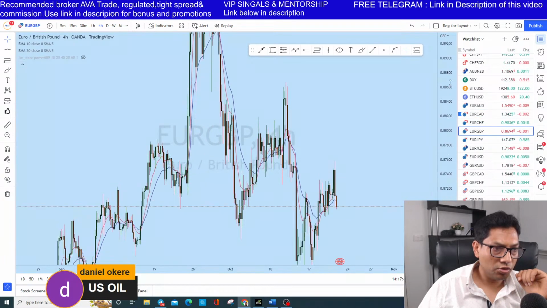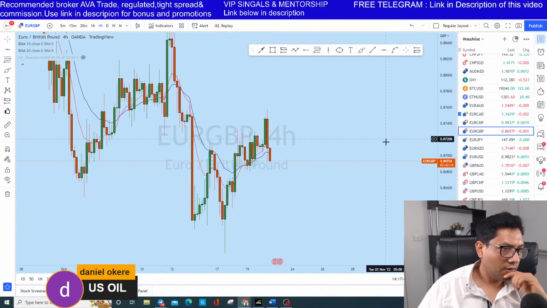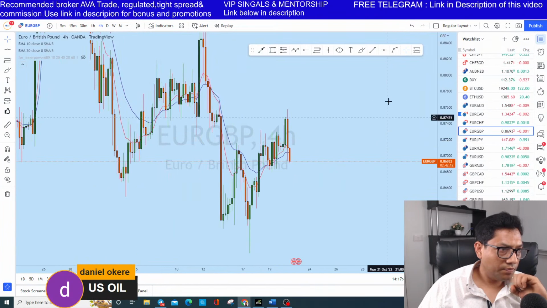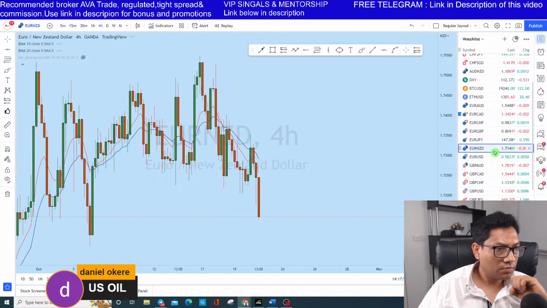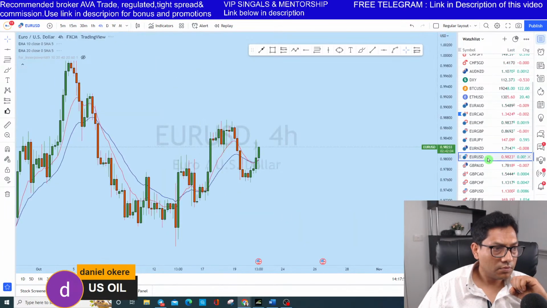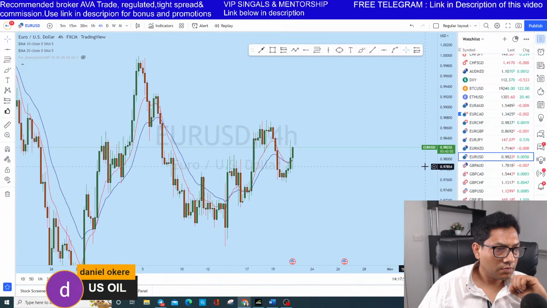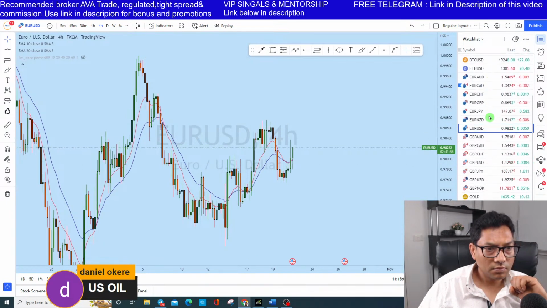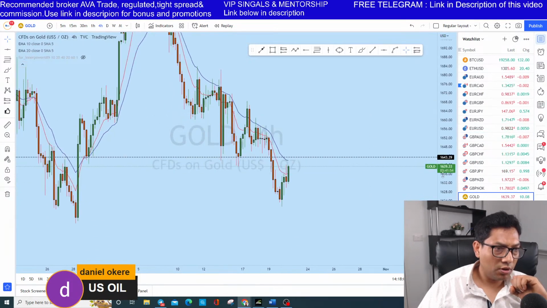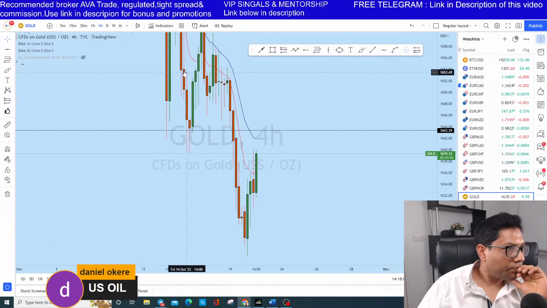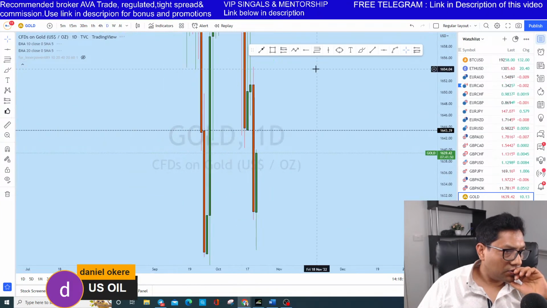Euro GBP also has a very strong rejection from the top. Very unusual movement in all the pairs. Very unusual.